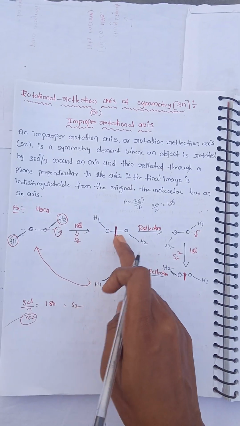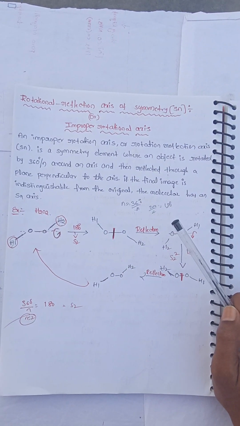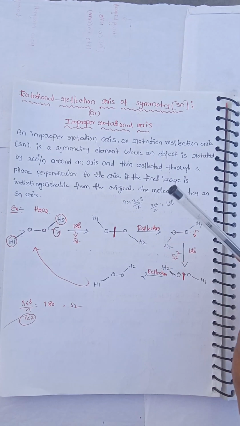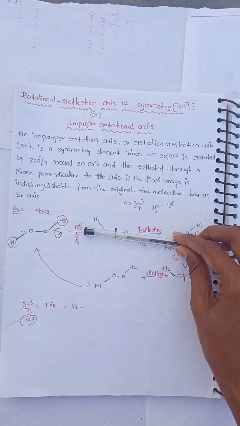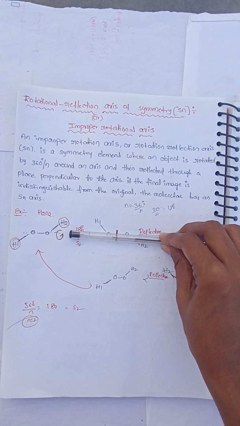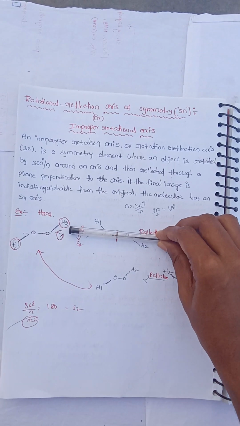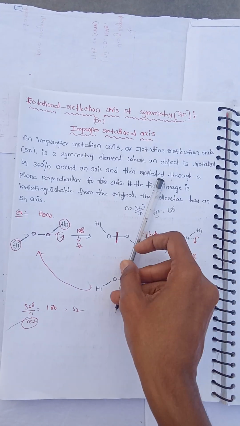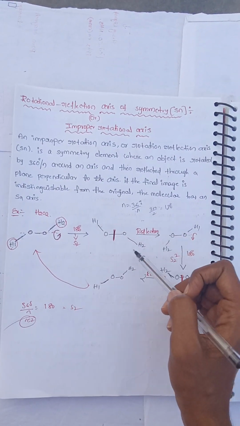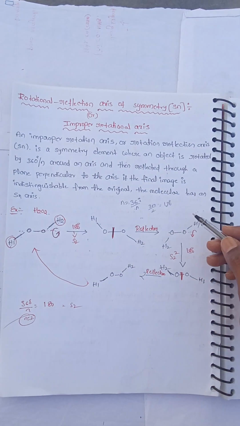You have to cut it. Then reflection, same as usual. This is the molecule. You have to rotate like this. Now H1 is here and H2 is here, same as it is.